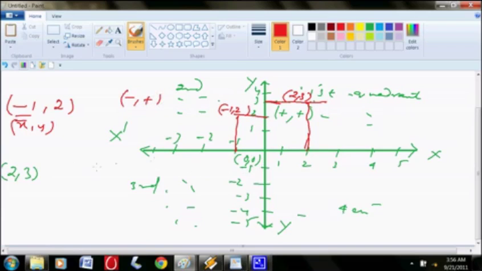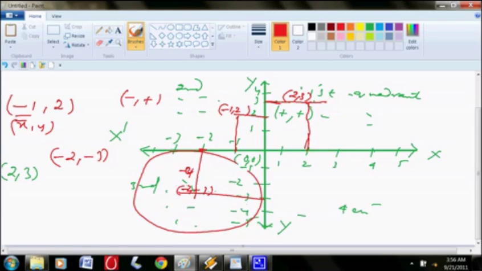Anything in the third quadrant, if I give you minus 2, minus 3, this is your minus 2 and this is your minus 3. So this is minus 2, minus 3. In other words, this is a mixture of minus and minus. Any number lying here is minus and minus. If I give you 4, minus 1, this is 4 and this is minus 1.